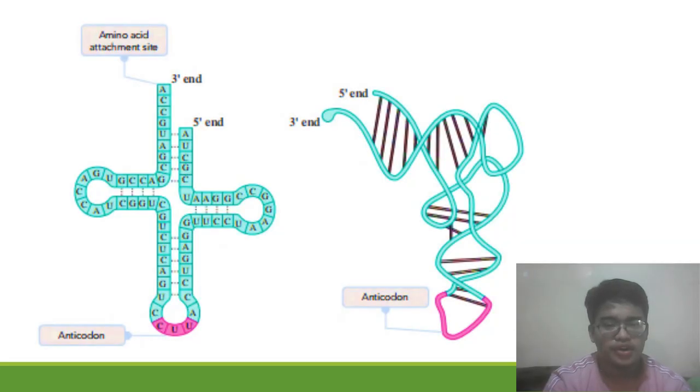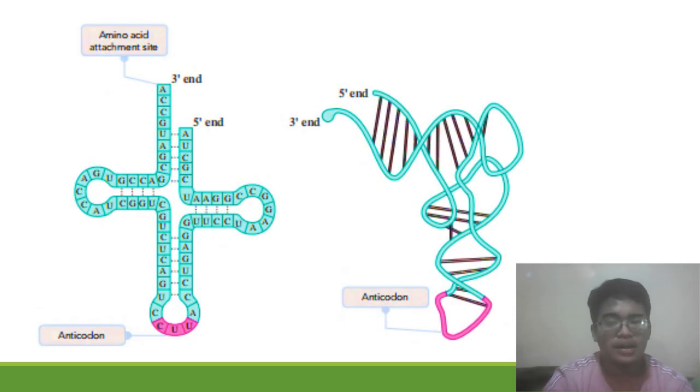So this is an illustration of a tRNA molecule, or a transfer ribonucleic acid molecule. The amino acid attachment site is at the open end of the clover leaf, or the 3' end. So I'm going to circle the 3' end, or the amino acid attachment site, in a tRNA. So that's the amino acid attachment site.